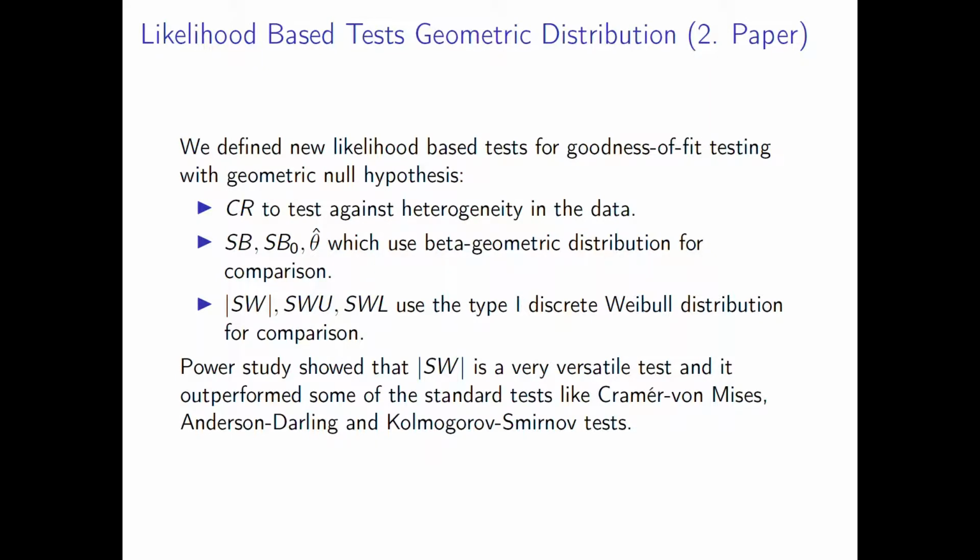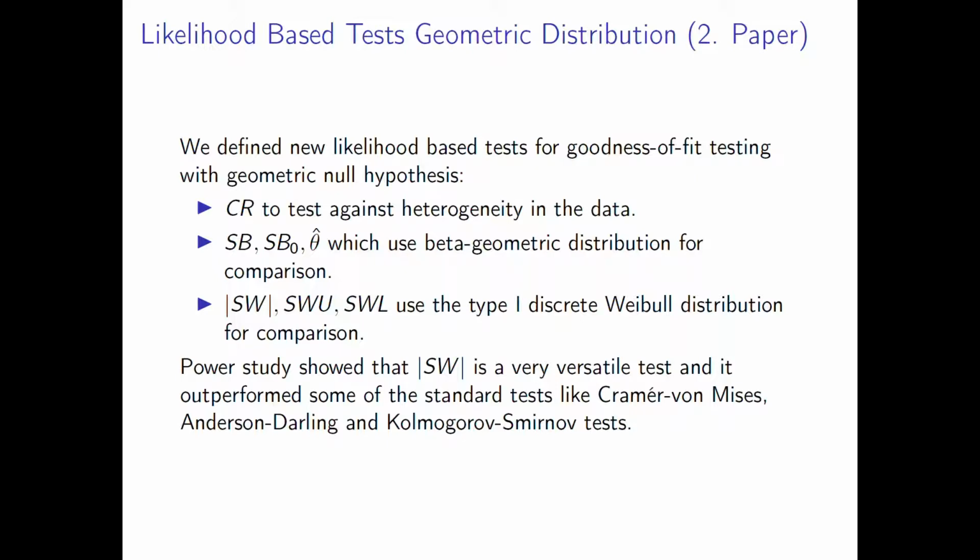Another thing that we did in the second paper is we defined new likelihood-based tests for the geometric distribution case. We defined 3 types of tests. First of all, we defined this test, the CR, which tests against heterogeneity in the data.